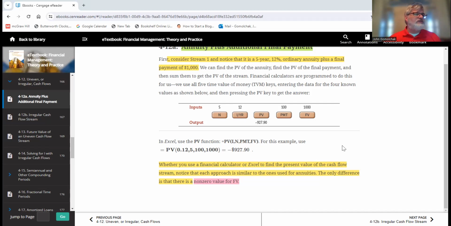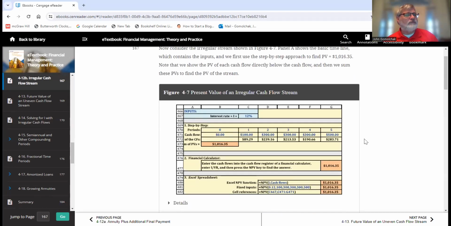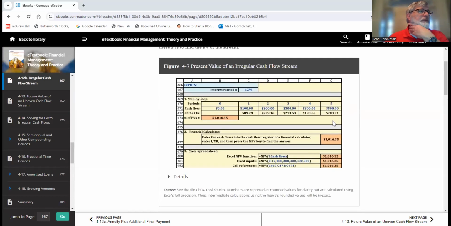All right, so let's move on to what happens if we have unequal amounts. So the cash flows are irregular. Okay, I'm going to show you the book. I could have also shown you the author's spreadsheet. But what we have here is an interest rate of 12%, and periods 0, 1, 2, 3, 4, 5, and we show the cash flows that we're going to be getting in each of those.